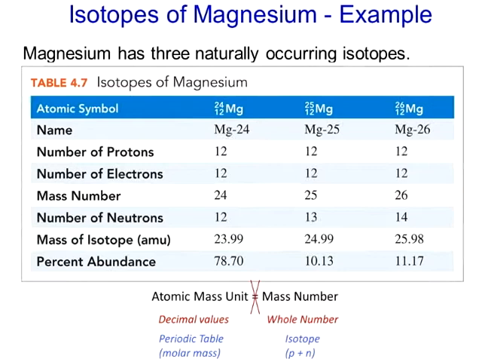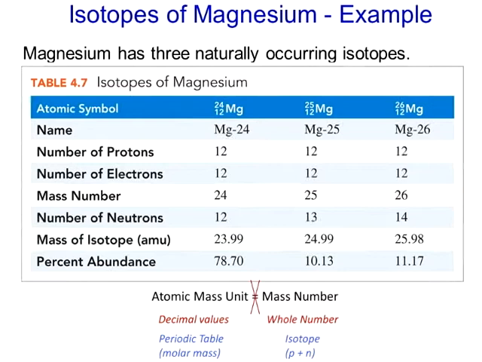Also, since magnesium is neutral, because the elements on the periodic table as they exist are neutral, the number of electrons also equals 12, because electrons equal protons in order for it to be neutral. The mass number, however, increased 24, 25, 26, which means that the number of neutrons increased 12, 13, and 14, because the difference between the mass number and the number of protons will give you the number of neutrons.